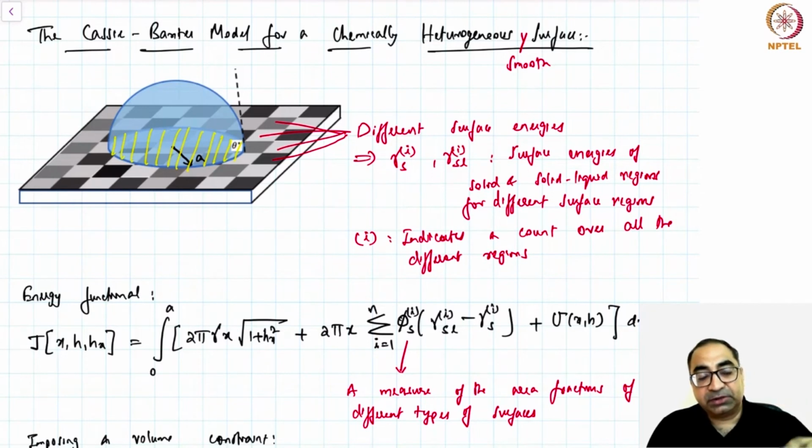And when the drop is sitting on the smooth surface, we also have to take into account what percentage of the area is covered by a certain type of chemical heterogeneity. That's modeled with phi s, where the superscript i represents the number of such chemical heterogeneities that are present in the system.